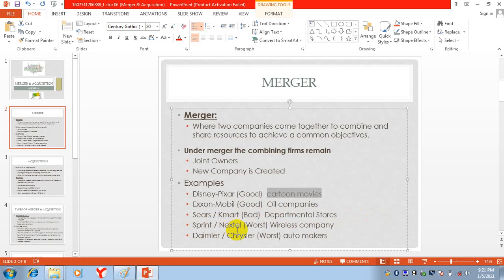Sprint and Nextel were wireless companies, but this merger was a worst merger. Daimler and Chrysler, automakers, combined their resources and merged, but it was also a worse merger.